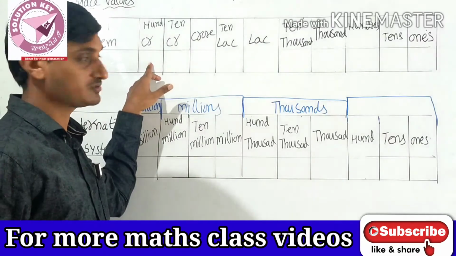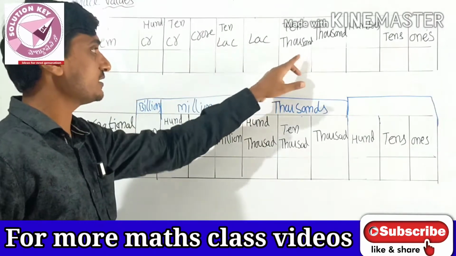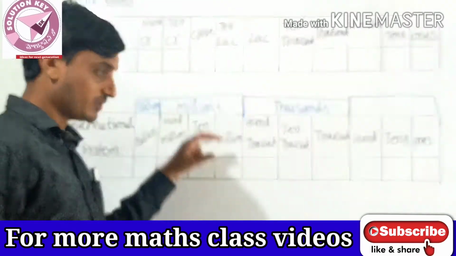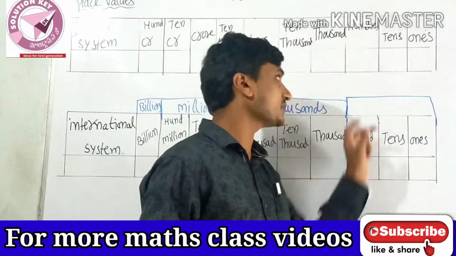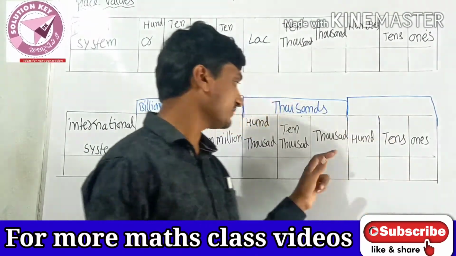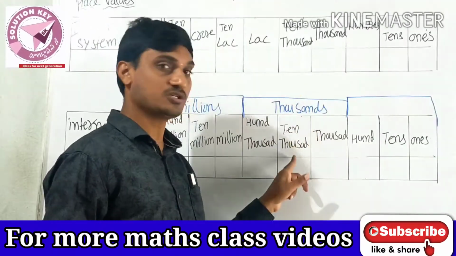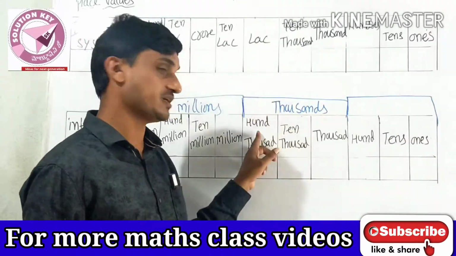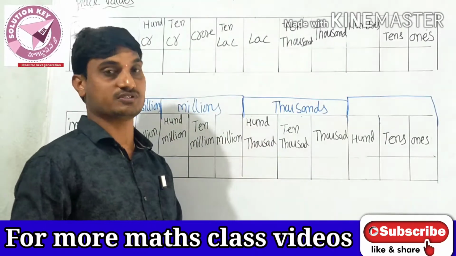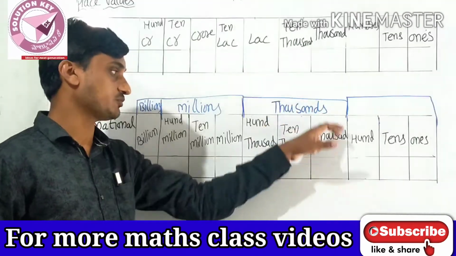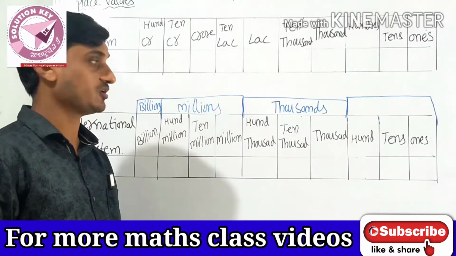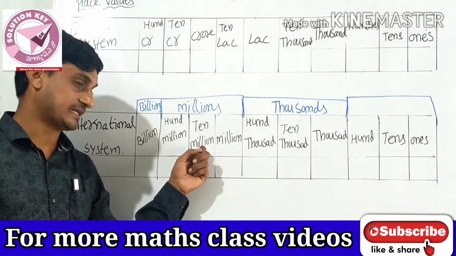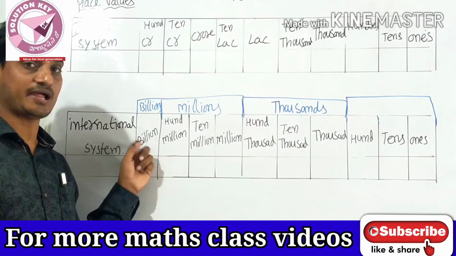But in the international system, ones, tens, hundreds are the same, and 1,000, 10,000 are also the same. But in the lakhs place, they mention the 100,000s, up to the thousands place. These 3 digits together are the thousands column. And then millions, 10 millions, 100 millions and billions.